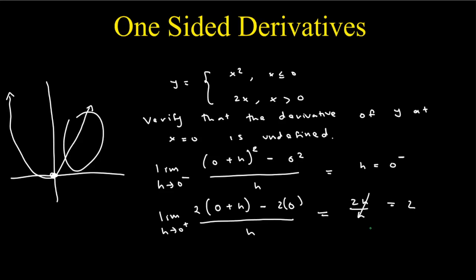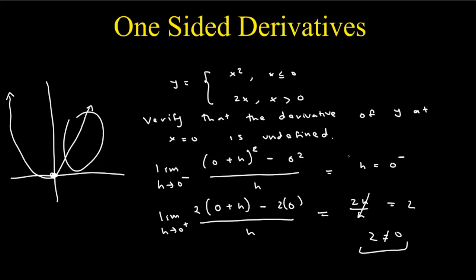And we clearly see that 2 is not equal to 0, and because our one-sided limits differ, we can verify that the derivative of y at point x equals 0 is not defined.